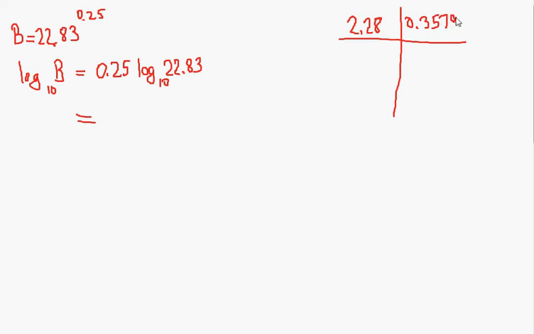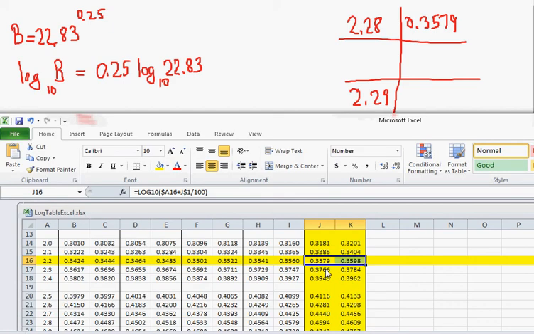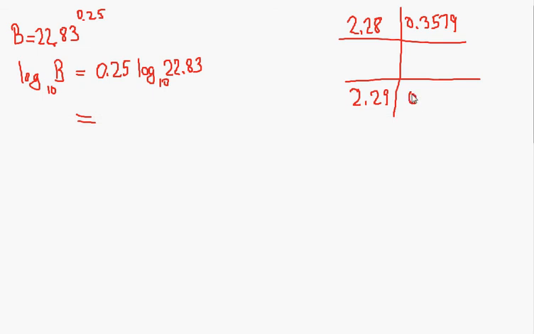And then on the other side, it'd be 2.29. And the number in the table that went with that was 3598. Okay, the number that I want to have is 2.283.